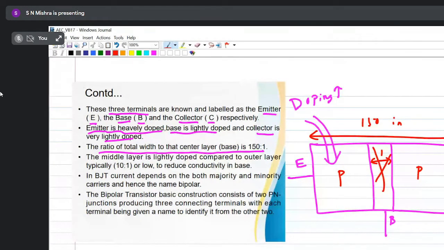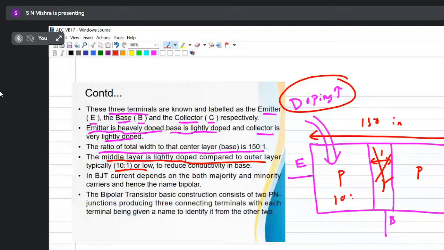The middle layer is lightly doped, and this doping ratio is 10:1. Here the emitter doping is very high, the collector is low and the base is very light. If it is doped with 10 to the power 5 dopant, here it will be 10 to the power 4.